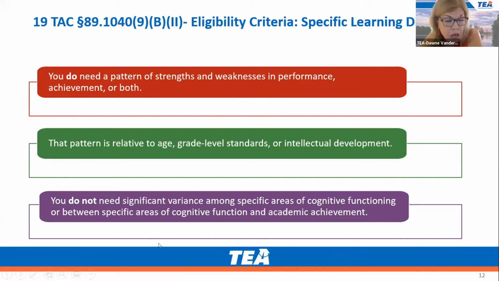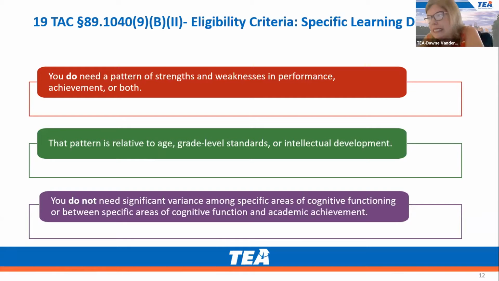You do not need significant variance among specific areas of cognitive functioning or between specific areas of cognitive function and academic achievement. We're going to spend a few minutes now on this slide.